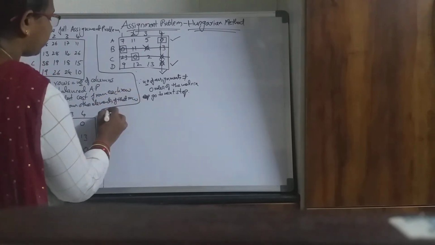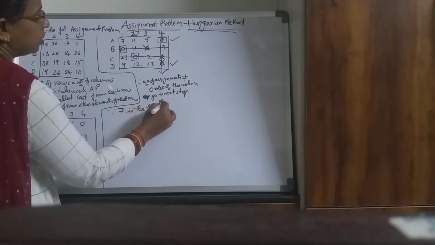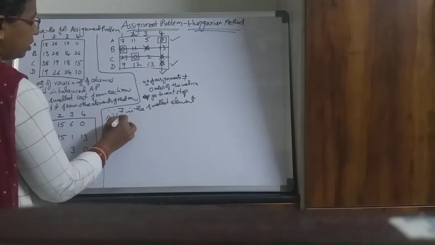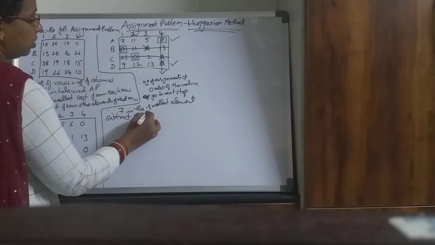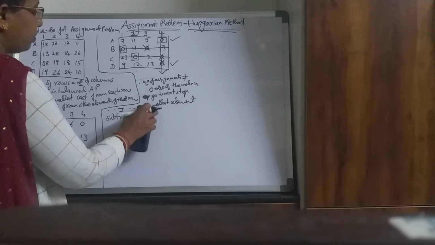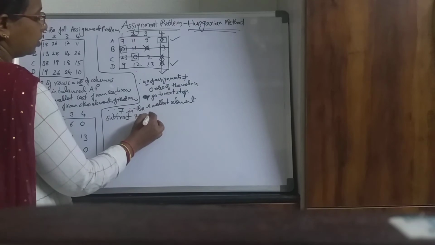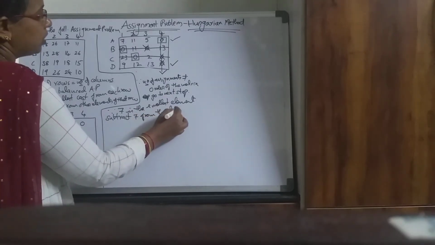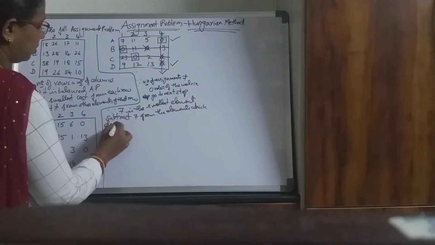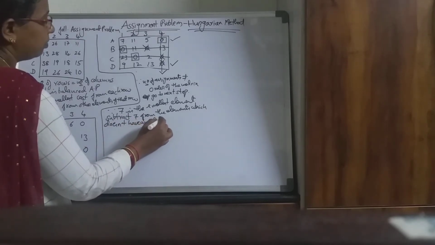So here, since 7 is the smallest element, subtract 7 from the elements which don't have any line passing through them.